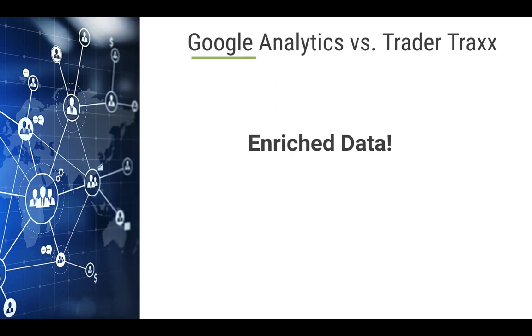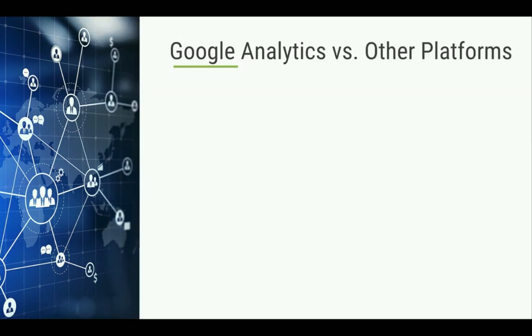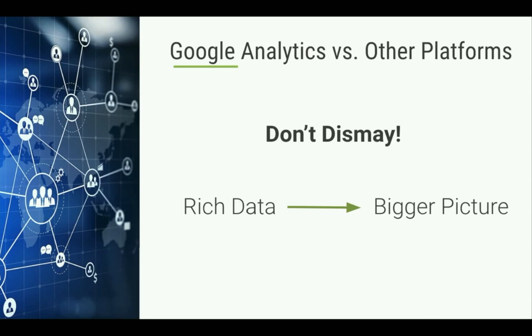Use Trader Tracks to understand connections that our users make with your dealership, and then use GA to get deeper insights into multiple traffic sources driven on your site. And your website provider may be using another analytics platform or dashboard that will offer more data, but don't dismay. I know it may seem overwhelming, but all of these platforms offer rich data that contributes to your bigger picture.